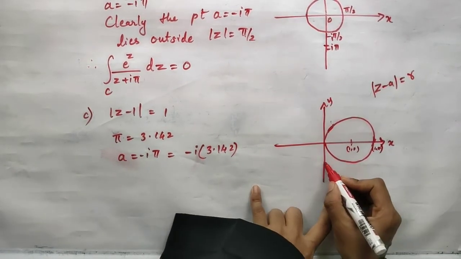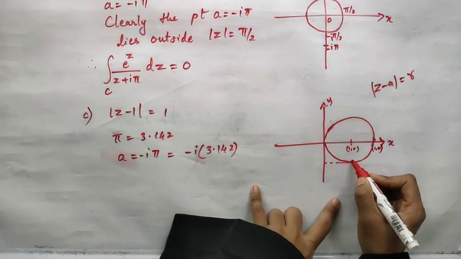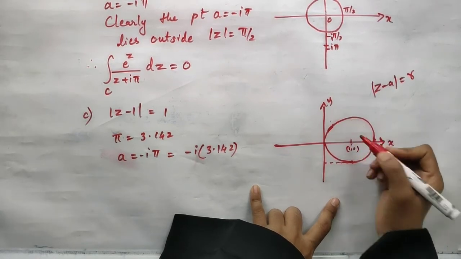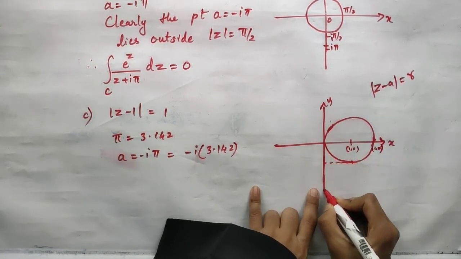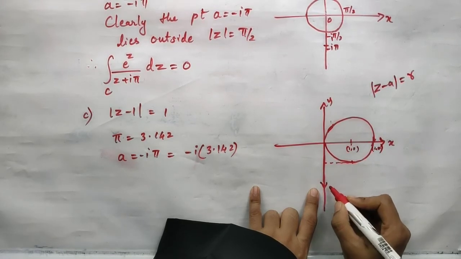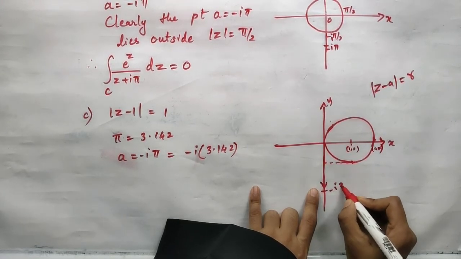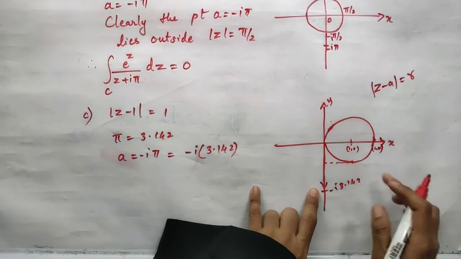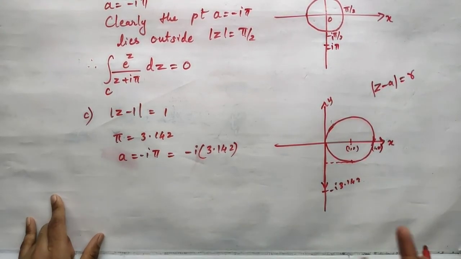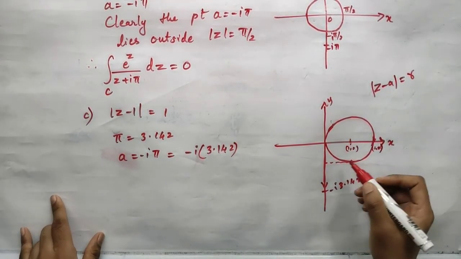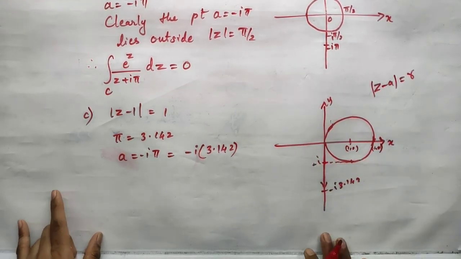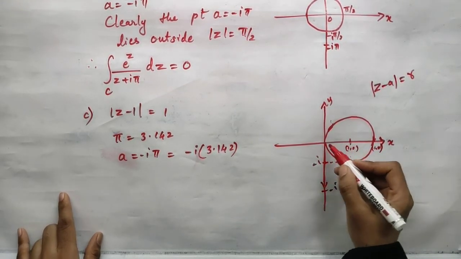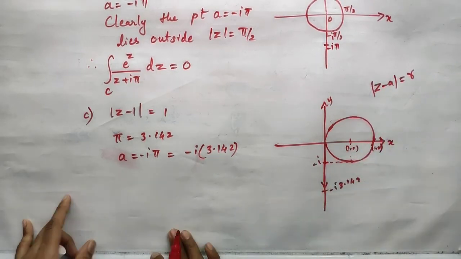At the most this point comes here, this is also 1, so this comes somewhere down here, negative, minus I 3.142. You can clearly see that this is lying outside the circle, because this is at least 1. If you take it at most, it can be minus I here, yes or no? Because this distance is 1, that's the radius.